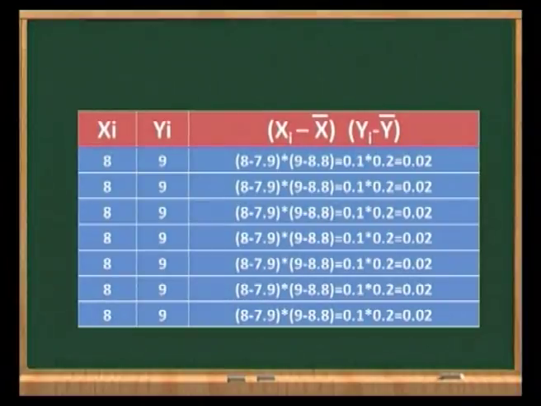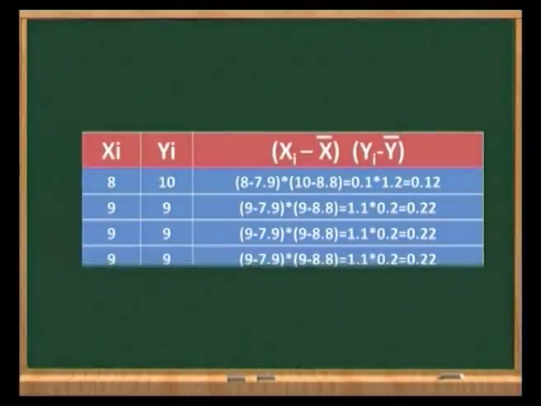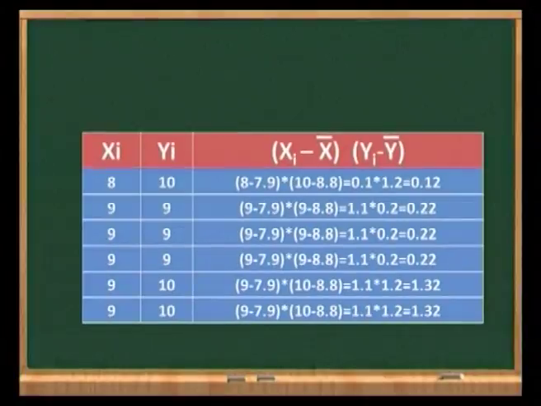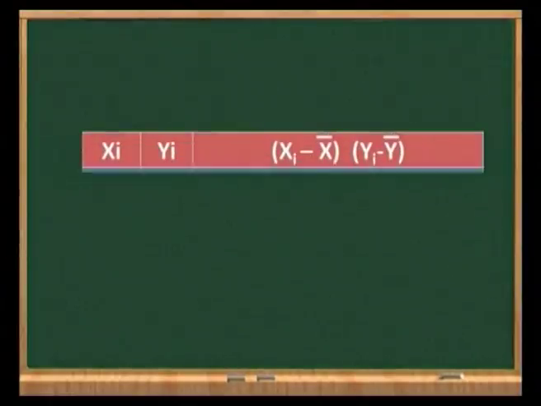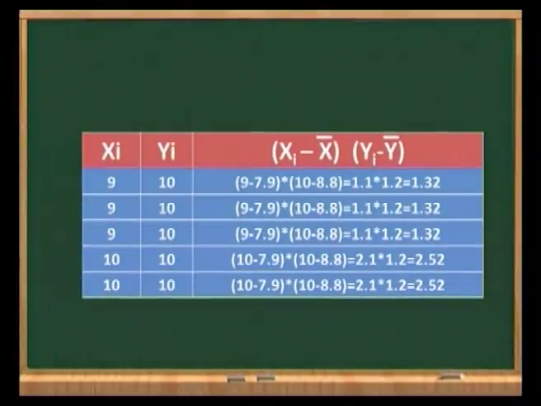The (xi minus x bar) into (yi minus y bar) is calculated here. That is, for example, the first value: 3 minus 7.9 into 3 minus 8.8 is equal to minus 4.9 into minus 5.8. The value is 28.42.